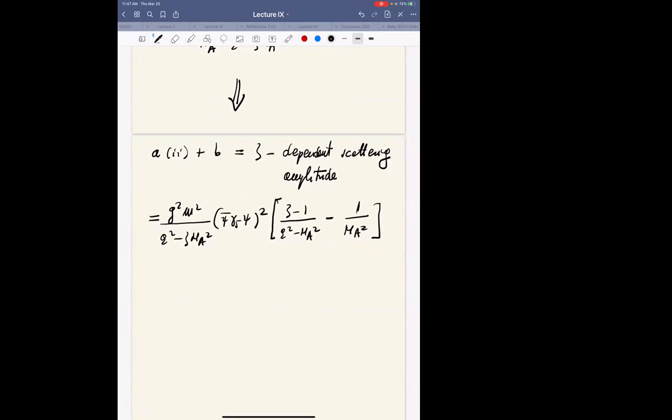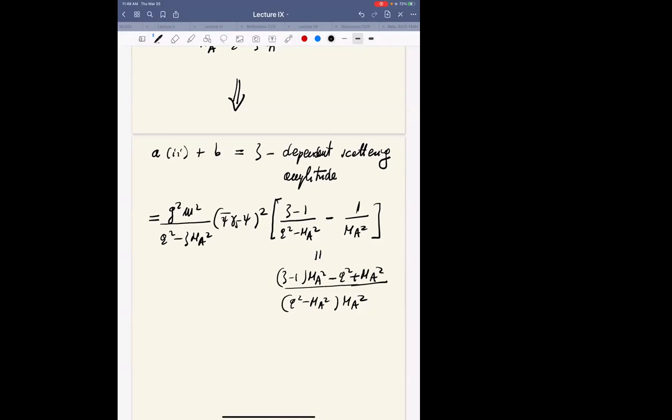So what is this? And I have psi minus 1, M_A squared minus Q squared plus M_A squared. I think this is correct.